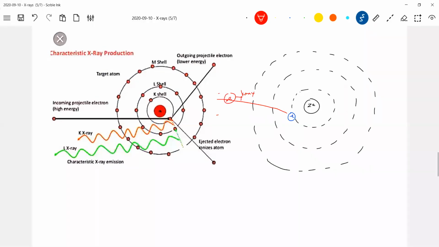K max, I'll write it. There's a valence electron, and there's the K shell, L, M.